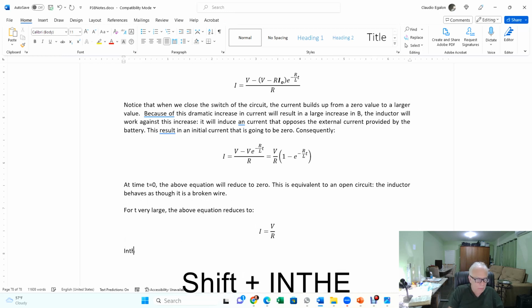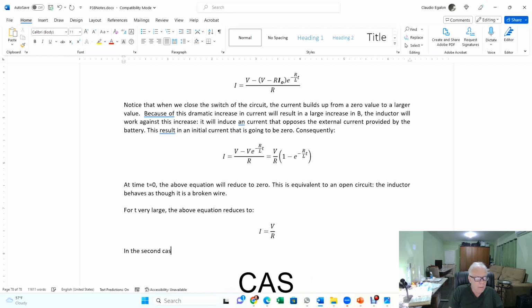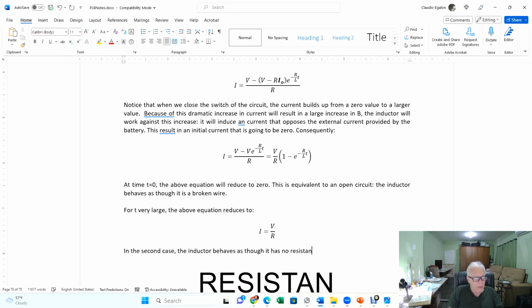Whereas in the second case, the inductor behaves as though it has no resistance whatsoever. Okay?